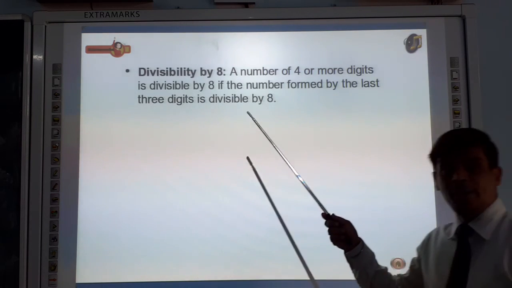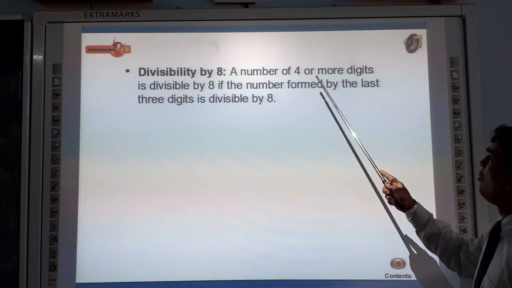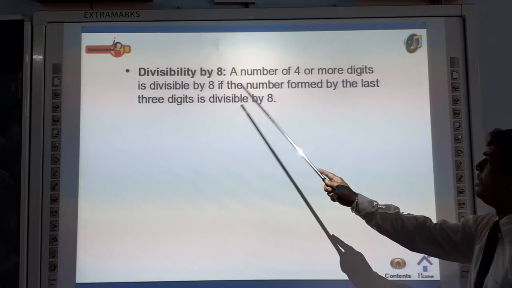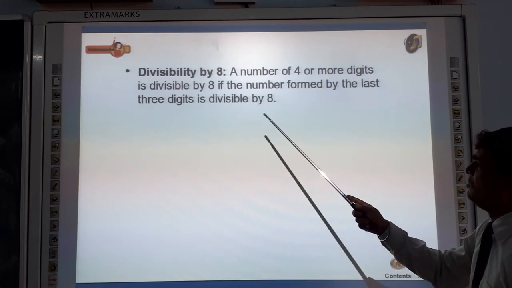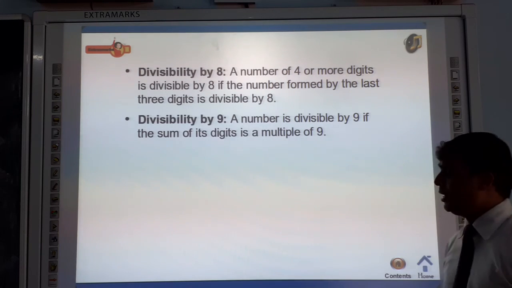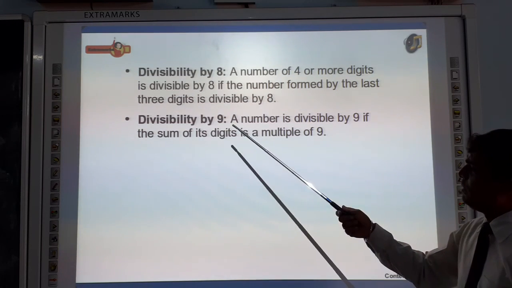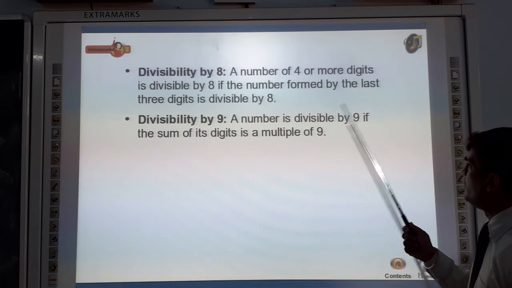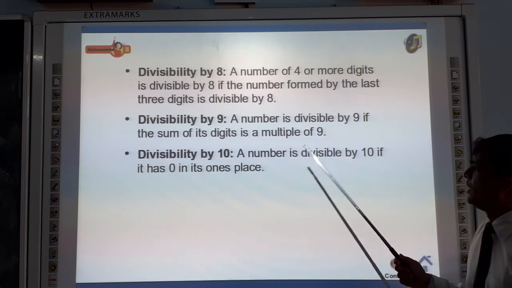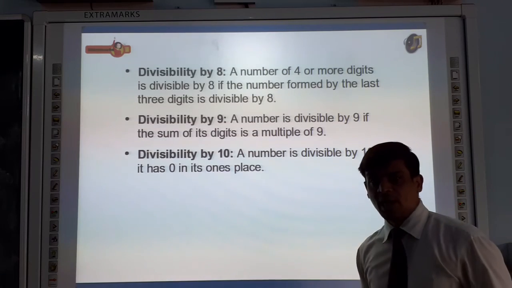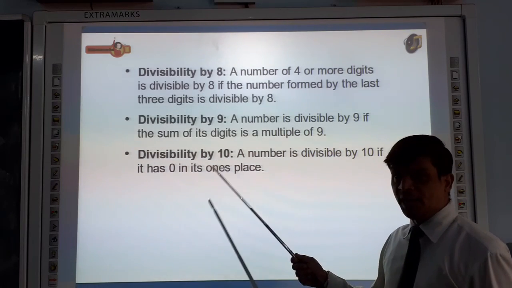Divisibility by 8. A number of 4 or more digits is divisible by 8 if the number formed by the last 3 digits is divisible by 8. Divisibility by 9. A number is divisible by 9 if the sum of its digits is a multiple of 9. And last, divisibility by 10.